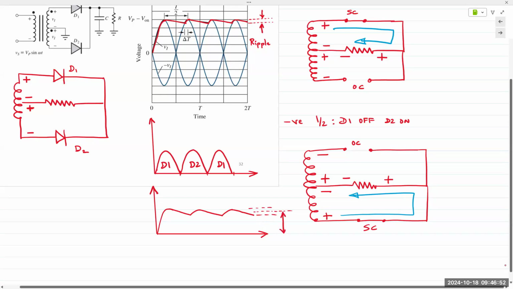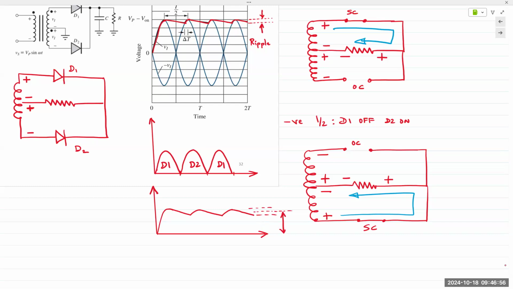And again, this is something we'll look at next week, mathematical equations. But does this make sense? Let's take a pause, think over that. Let me know if you have questions. Filtering can be applied to any rectifier: half wave, full wave, bridge, any rectifier.